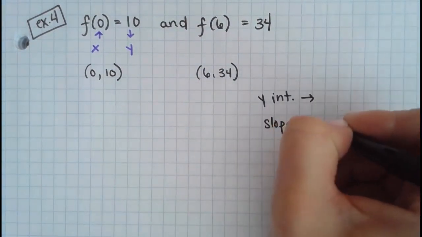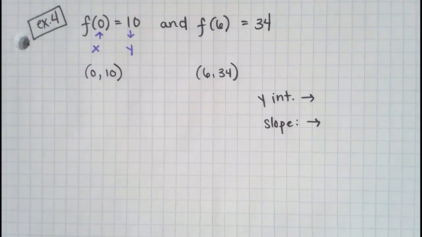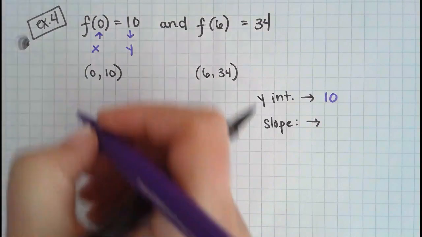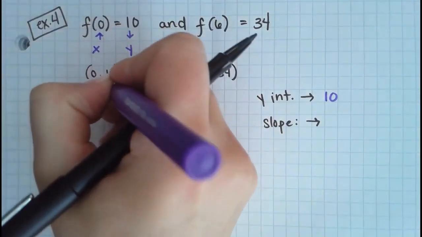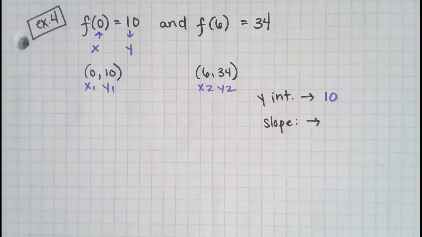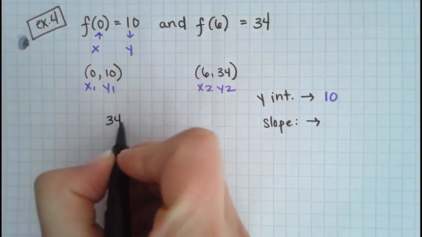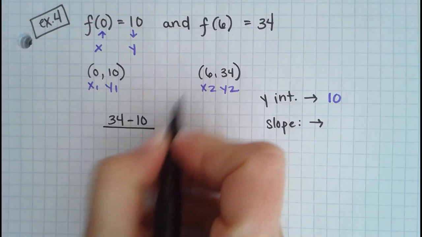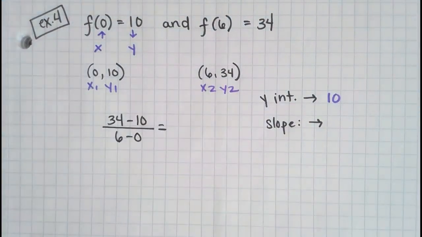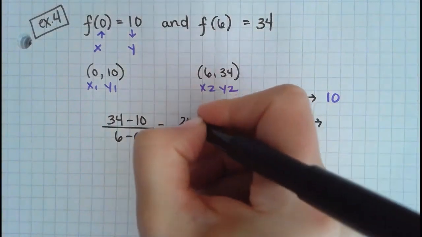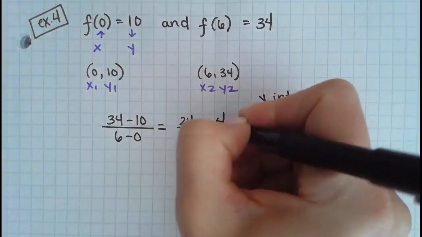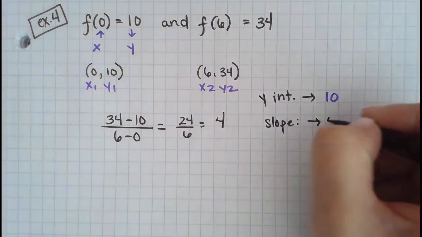What's the y-intercept of this line? 10. And the slope we can find using slope formula, just plugging in. So y2 is 34 minus 10 over 6 minus 0. So we get 24 over 6, which simplifies to just 4 for our slope.